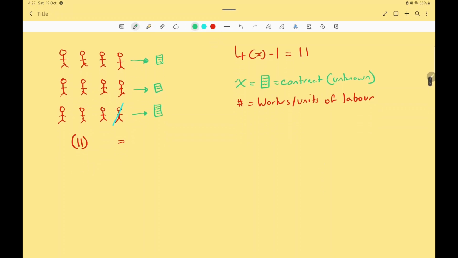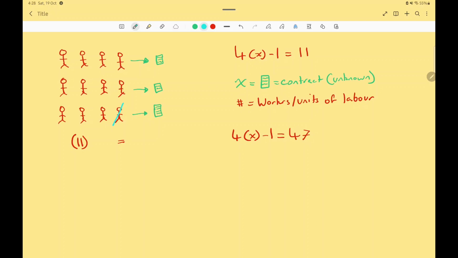Now, this is good because say you wanted to figure out how many contracts you had when you apply the same number of people to the contract, but your team has grown. So instead of 11, your total number of people is 47. You have 47 people in the company. I'm not going to draw that, but to solve for x, we just do the same thing.